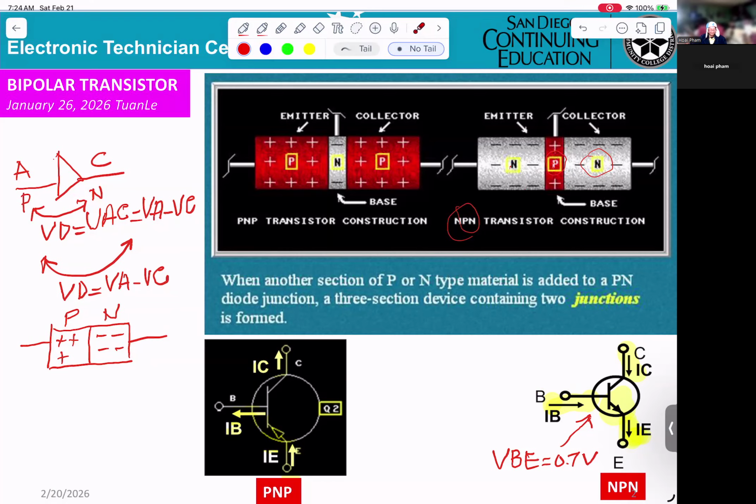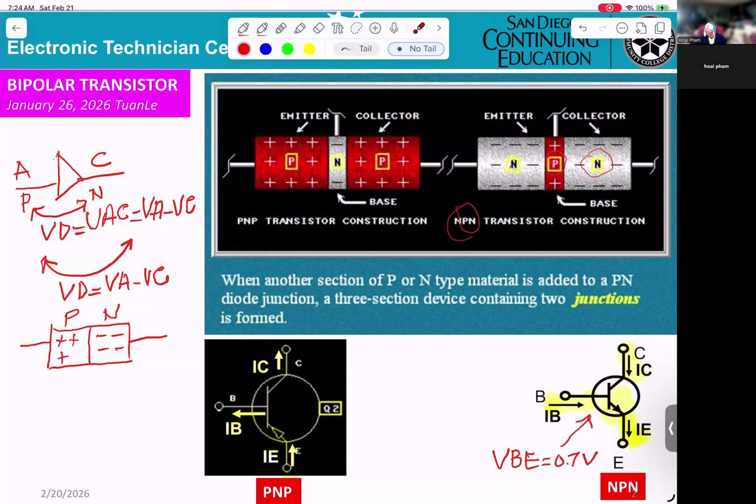You understand? We get the current based on electron moving. However, we're using the conventional current, which means opposite to the electron moving.